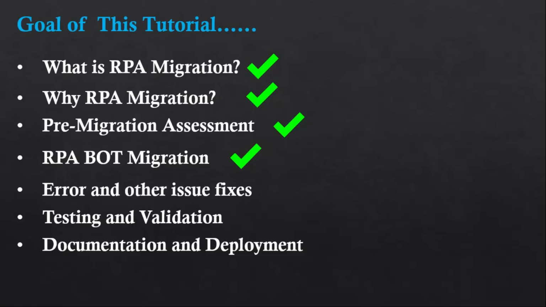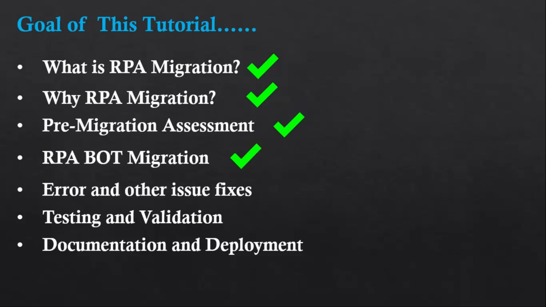In this type of case, you have to do fresh development for this piece of code, place it into your migrated solution, and test your bot and run. So there are many things that you have to take care of. Once you start with the migration, you'll understand what things you have to take care of and what issues we need to fix before running the bot end to end.